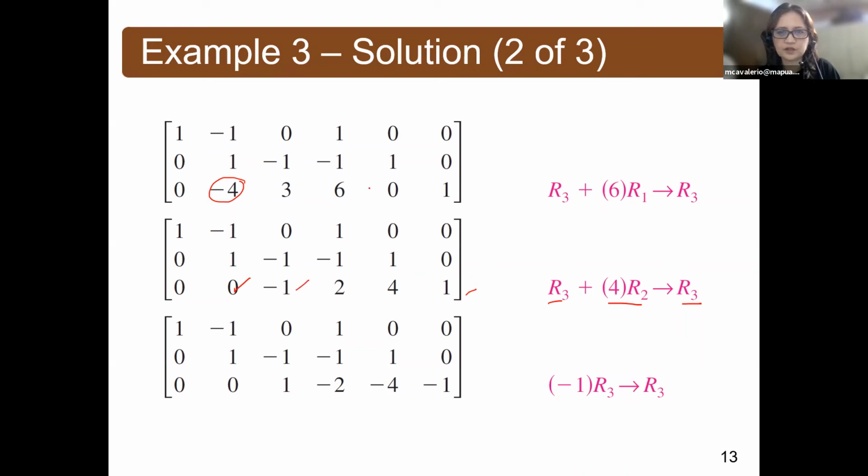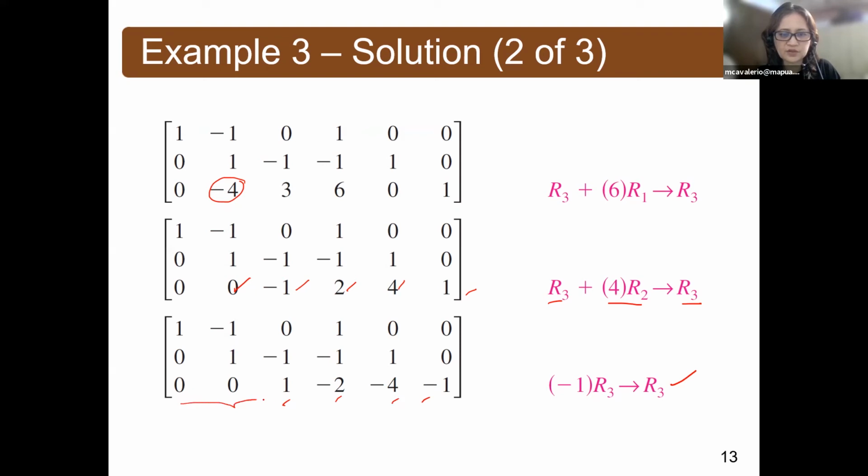And 4 times negative 1 is negative 4 plus 6, which is positive 2. 4 times 1 is 4 plus 0 is 4. 4 times 0 is 0 plus 1, you have 1. So we need to convert this to positive 1 by simply multiplying R3 by negative 1, so that this becomes 1, negative 2, negative 4, negative 1.